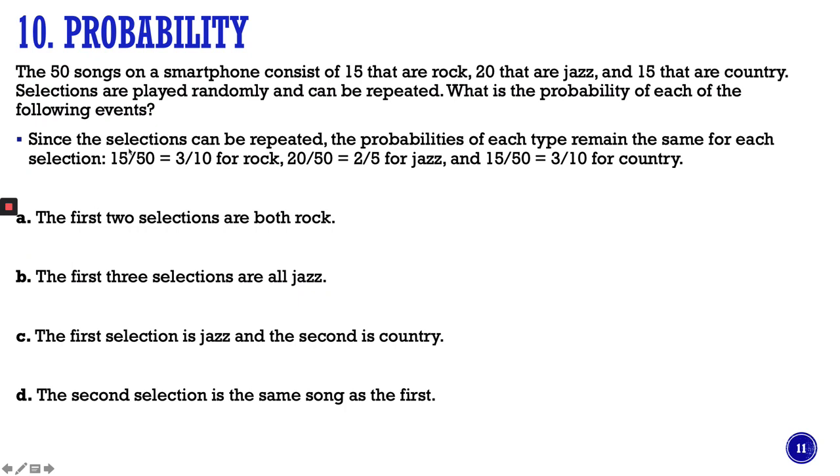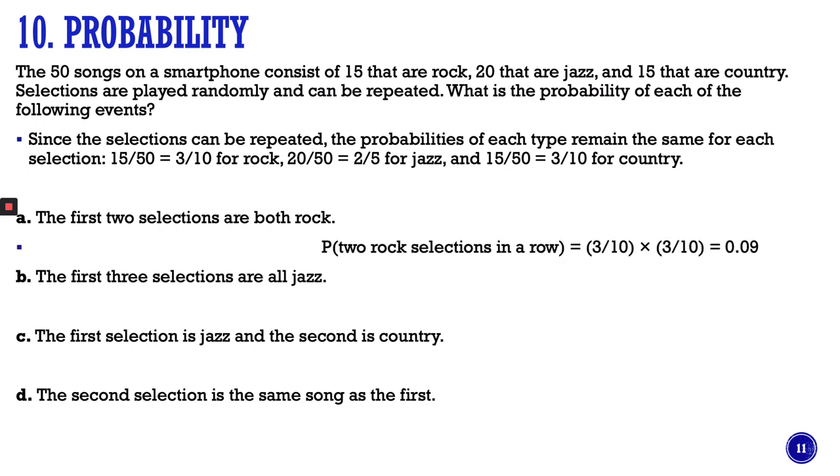So in the case of rock, we had 15 out of the total of 50 equals 3 out of 10. And then for jazz, we had 20 jazz songs out of a total of 50 equals 2/5. And for country, there are 15 out of 50 equals 3/10. And you should reduce.